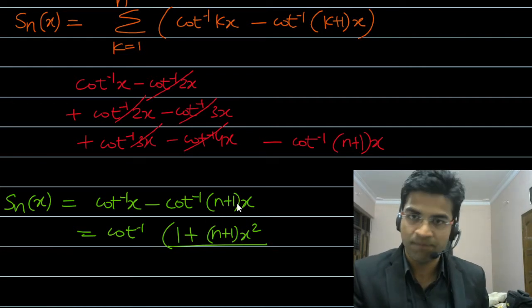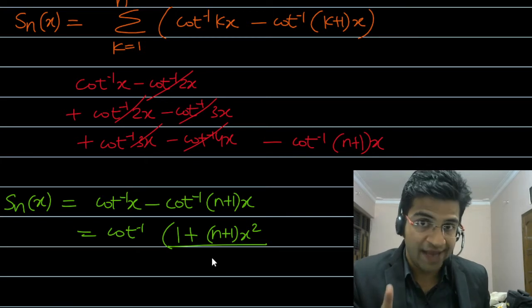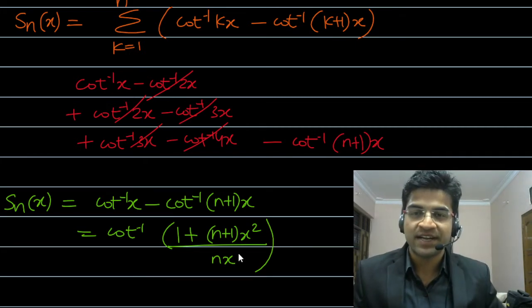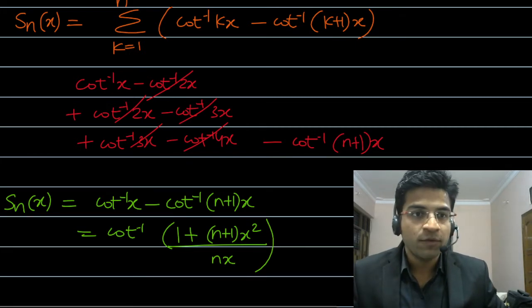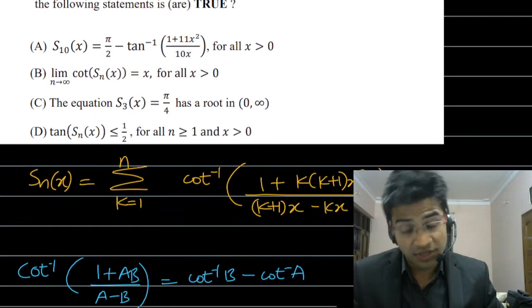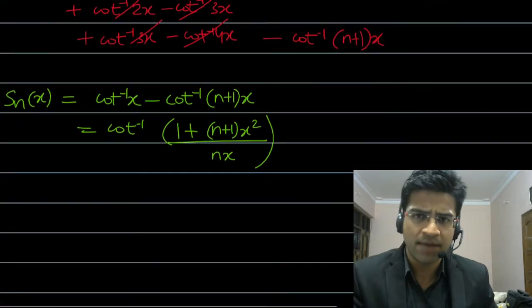So b minus a will be (n+1)x minus x, and thus we will have nx, only nx. So we have the expression for S_n(x). Now what you have to do is just replace n by 10, and you can check the first option whether it is correct or not.